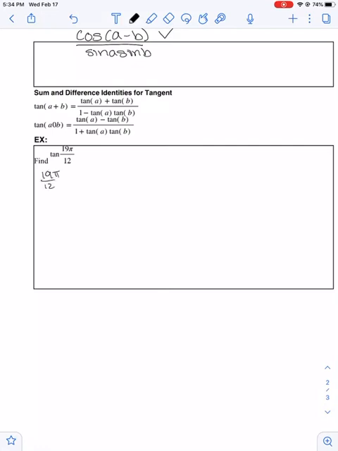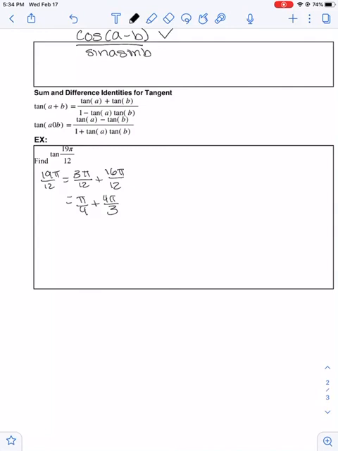My first thought is 3 and 16. So 19 pi over 12 equals 3 pi over 12 plus 16 pi over 12. When I simplify these, I get pi over 4 plus 4 pi over 3. Those are both on our unit circle.